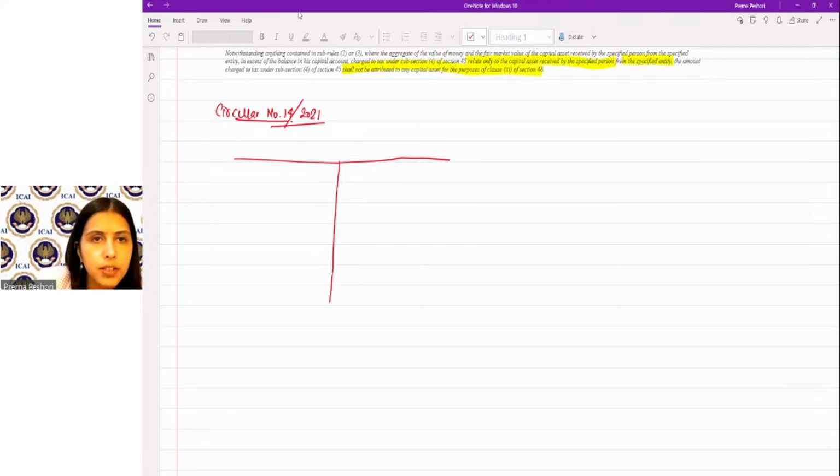there are two partners, A and B. The profit sharing ratio is 50-50%, correct? Capital is 50 and 50. We have two assets, X and Y. This is a capital asset. This is others.